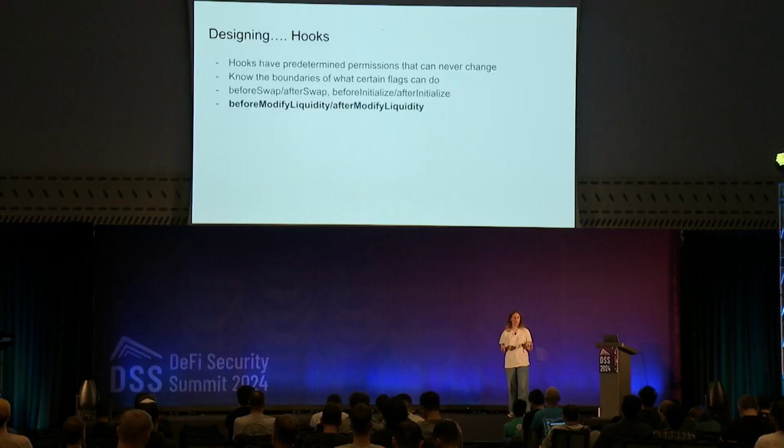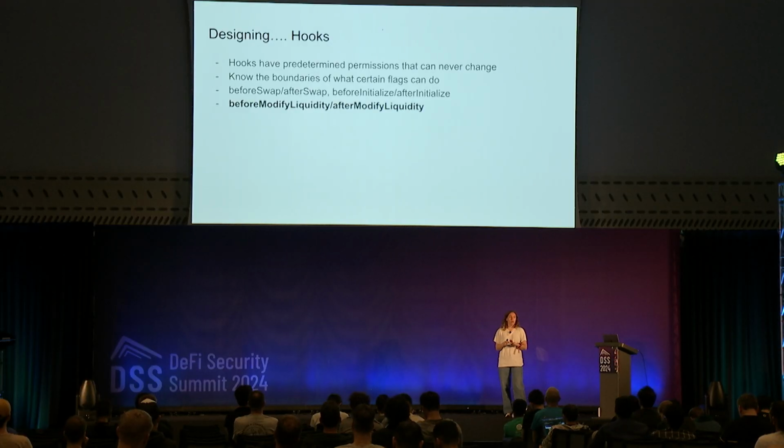We have donate. This is donating to in-range LPs. That has some interesting implications that v3 didn't have. Unlimited fee tiers, dynamic fees, ERC 6909 wrappers, this feature set is huge. And on top of that, there was one really big feature as well that we wanted to get into v4, which was custom curves. And I'll talk about that in a little bit. The first thing I want to touch on, though, is hooks.